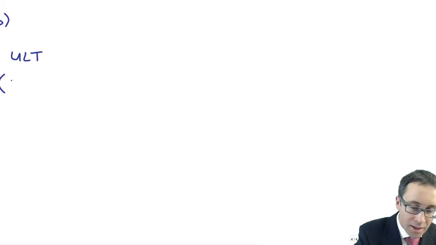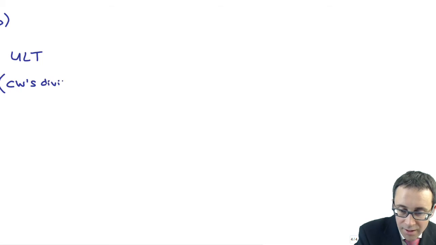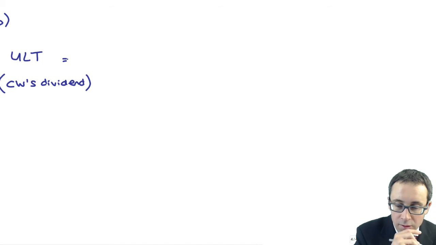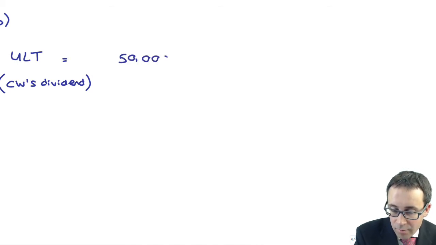In part B, it wants us to work out the underlying tax on CW's dividend. Our gross dividend is 50,000. The tax that was paid was 100.